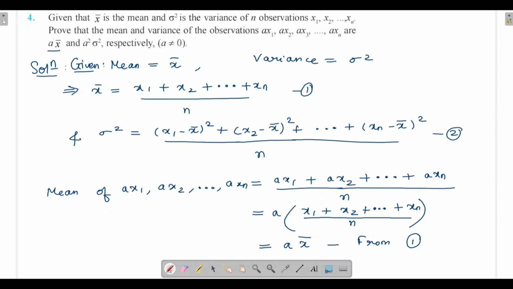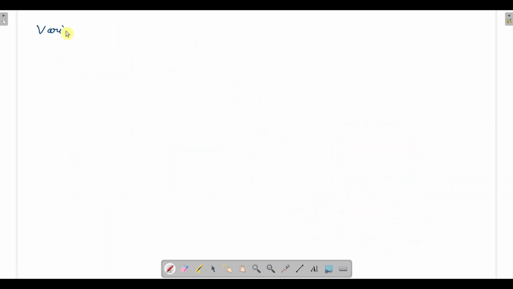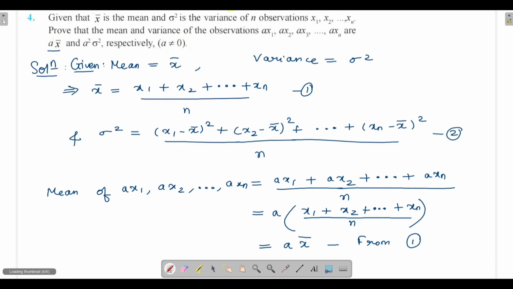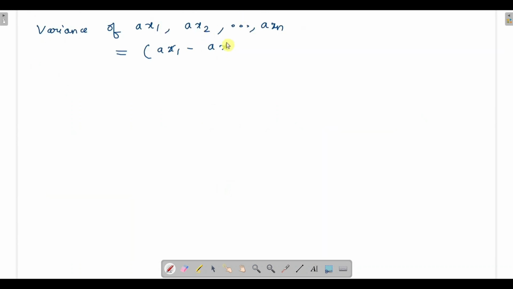Okay, and now we will go to the new variance. So variance of ax1, ax2 up to axn is equal to what? So you will get ax1 minus the mean of the new observations, which is ax bar, the whole square, because variance we are finding, then ax2 minus ax bar the whole square.